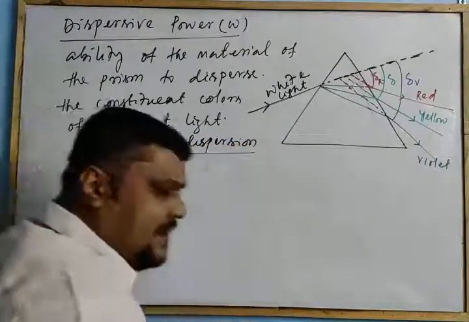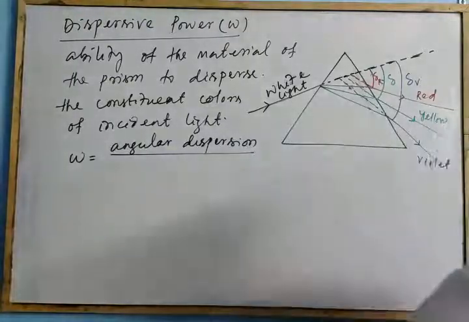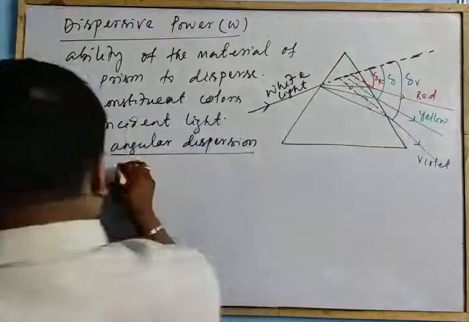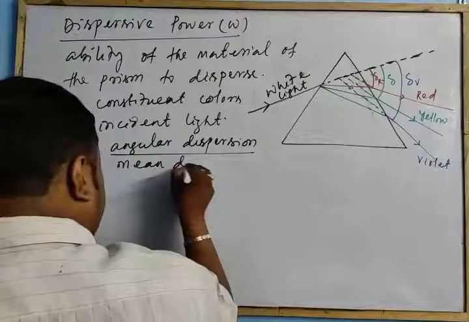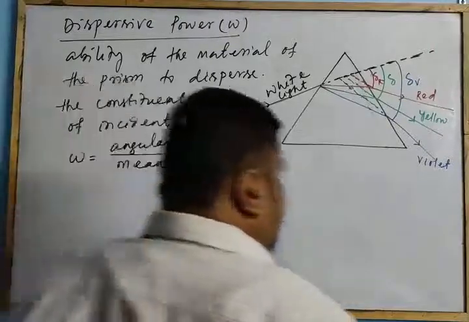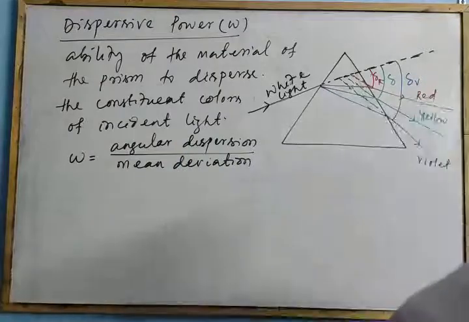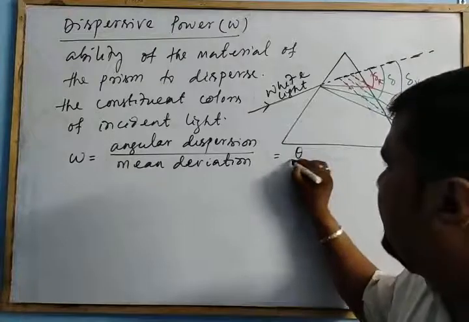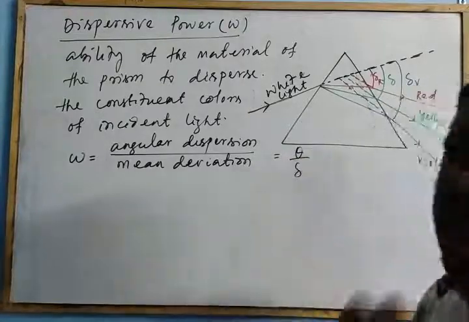That you already know about angular dispersion. Now you read that angular dispersion to the mean deviation. That mean deviation we will discuss here. What does this mean deviation mean? So we can show that the angular dispersion theta, suppose the mean deviation is delta.